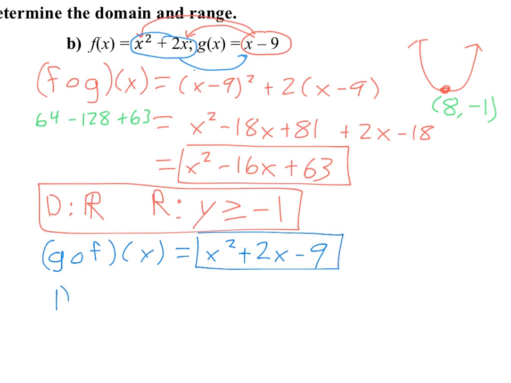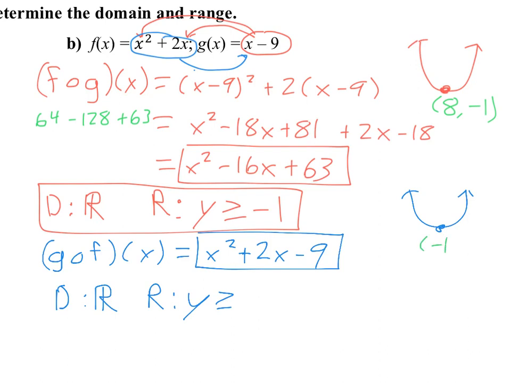We know the domain will be all real numbers. In the range, this parabola also opens up, so we know it has a minimum, which means the range is going to be y is greater than or equal. Let's find the vertex. So if I do negative b over 2a, that would be negative 2 divided by 2.